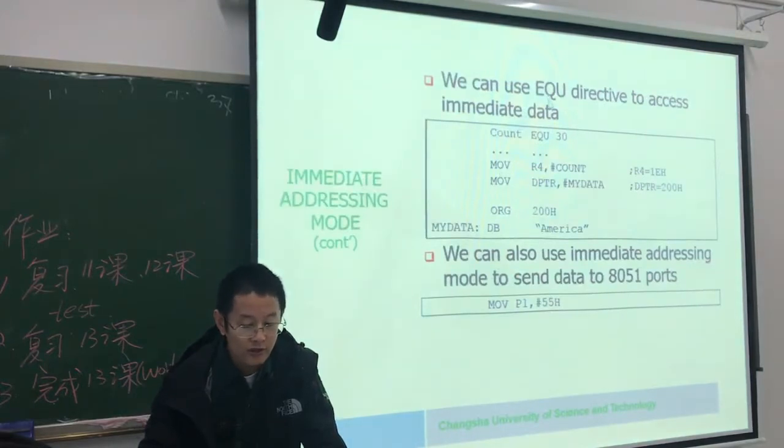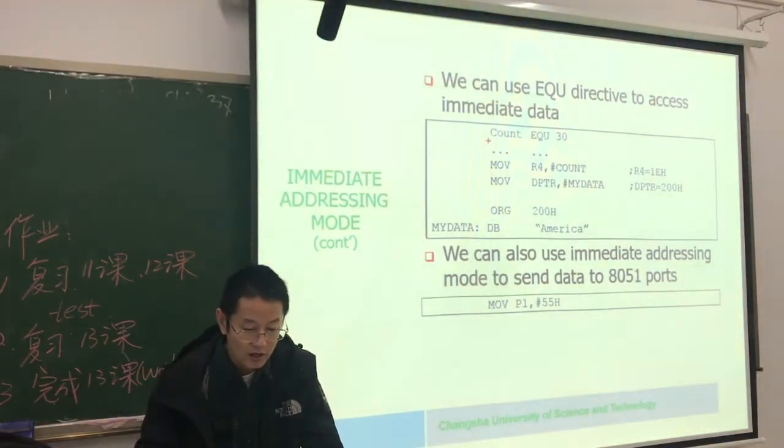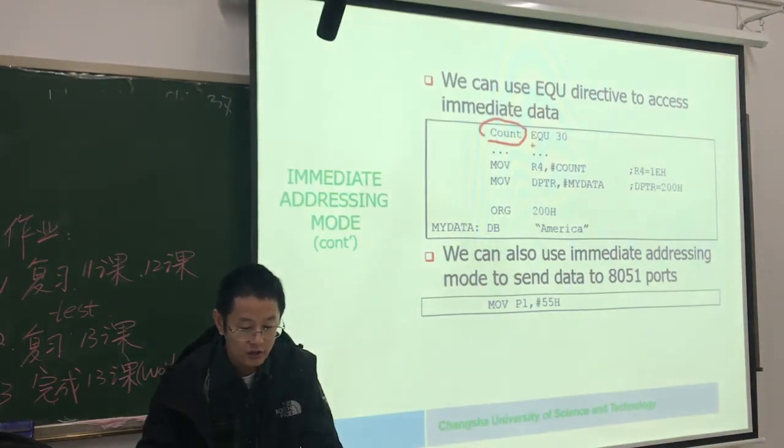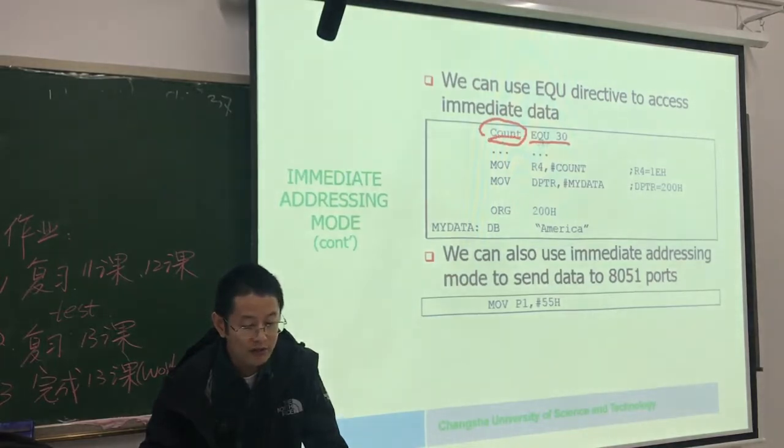We can use the EQU directive to access an immediate number. For example, count EQU 30, which means count represents 30.